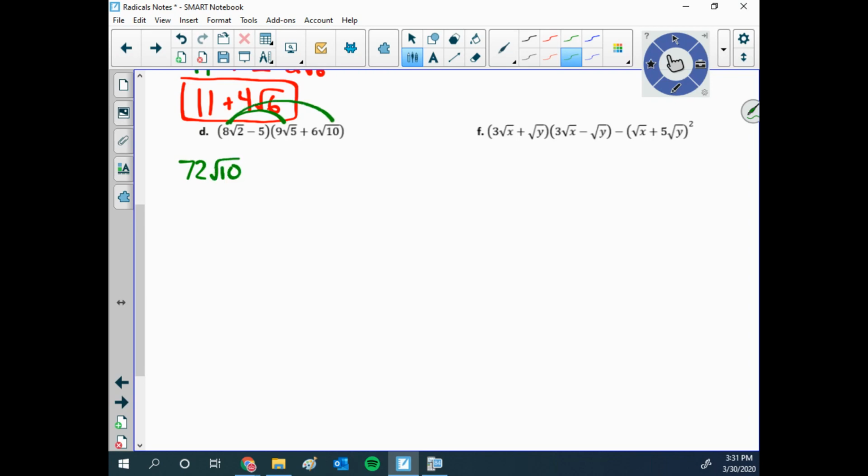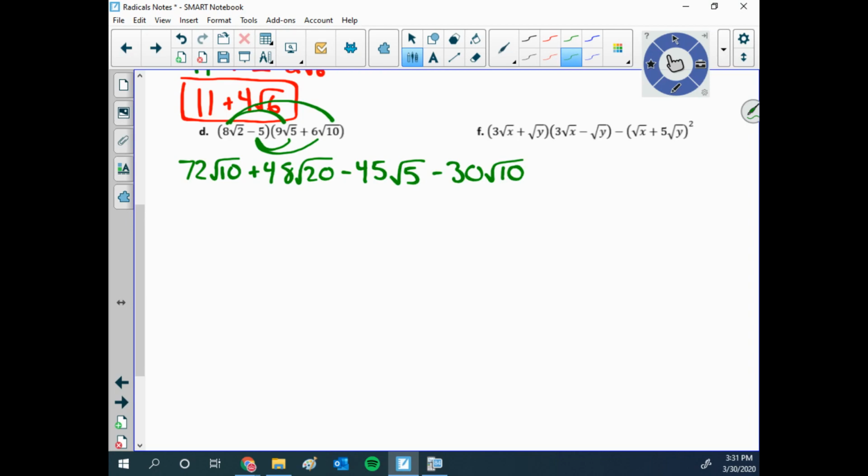Outside terms, 8 root 2 times 6 root 10: 8 times 6 is a positive 48, and root 2 times root 10 is root 20. Negative 5 times 9 root 5 gives a negative 45 root 5, and negative 5 times 6 root 10 is a negative 30 root 10.